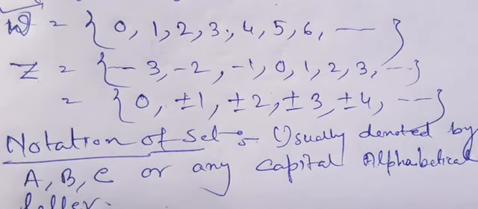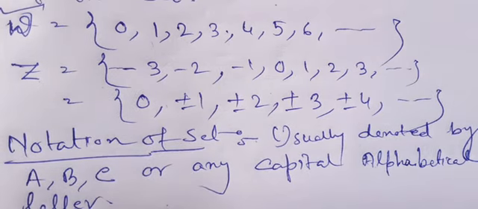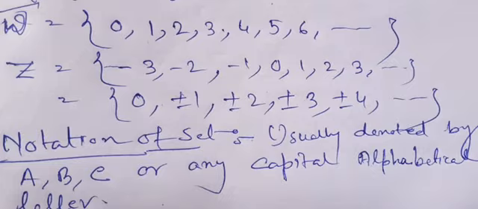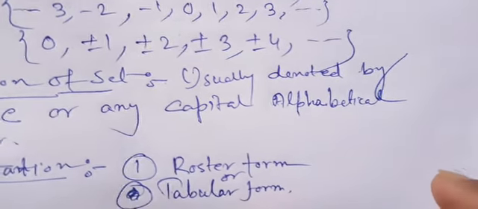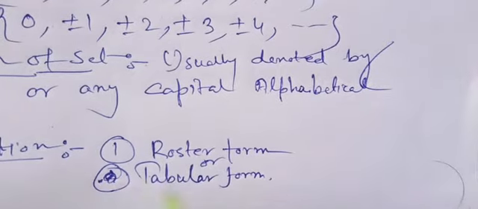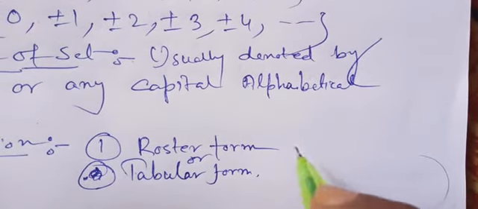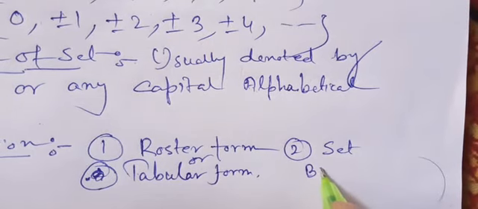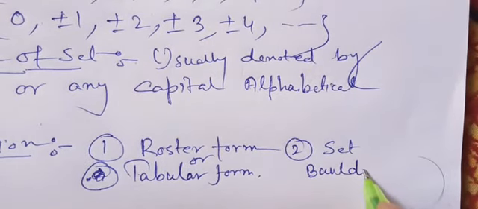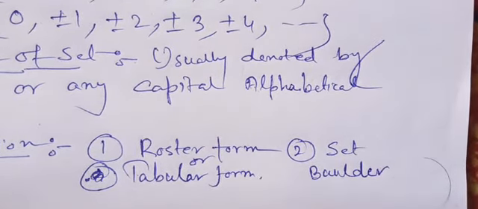Okay. Next, sorry students, roster and tabular are the same. Roster or tabular form. And the second one is the set builder form.